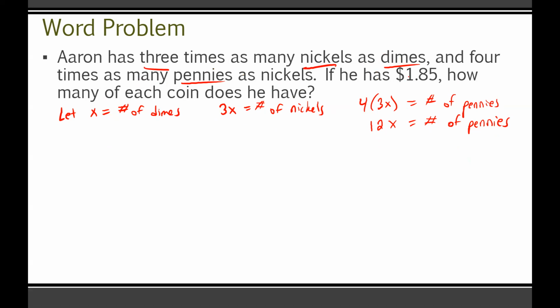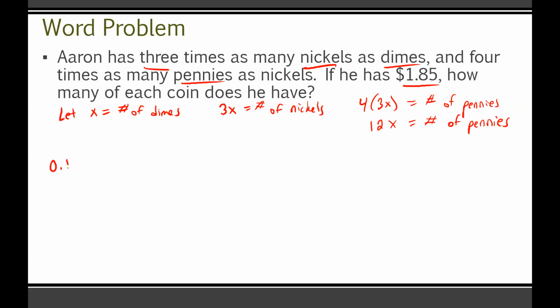Okay. Now we know Aaron in total has $1.85. So how we get to this is we assign the value of each coin and multiply that value by the number of coins we have. Let's start with dimes. We know a dime is worth 10 cents.